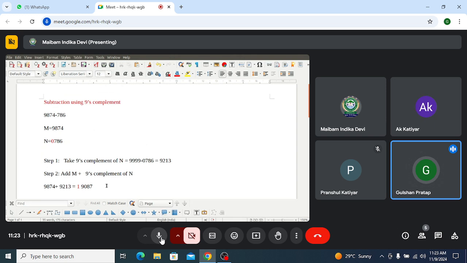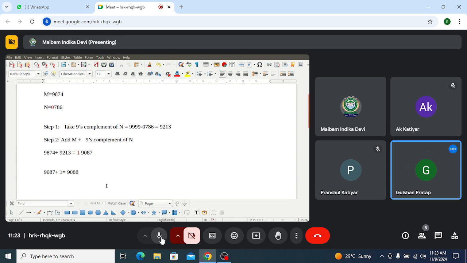Ma'am, after the 5 digits, the remaining one is the carry, and the carry is also always added to the rightmost digit. Rightmost, yes. Okay, ma'am, I understand.